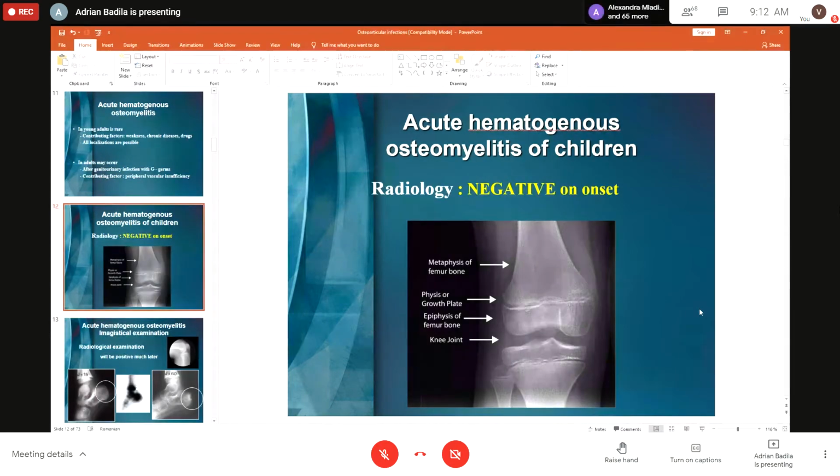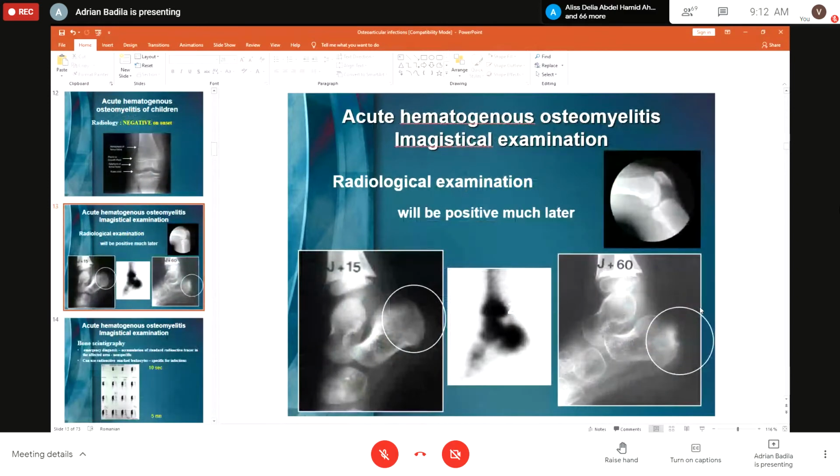At the onset of the disease, the radiological examination will be negative. So there are no radiological signs at onset. The radiological examination will be positive much later. As you can see in the images, on the left, we have an image from 15 days after onset.